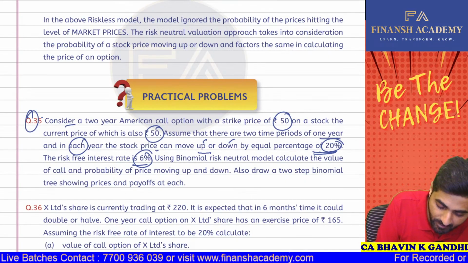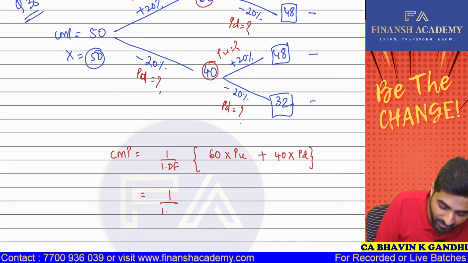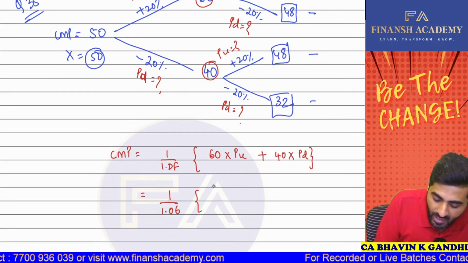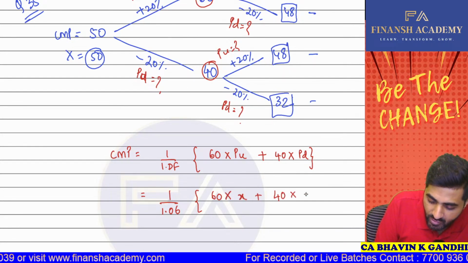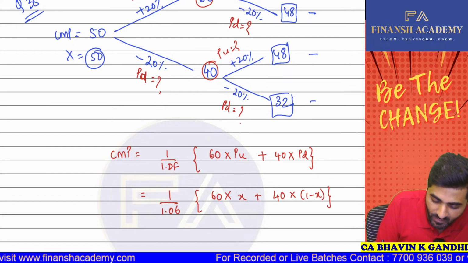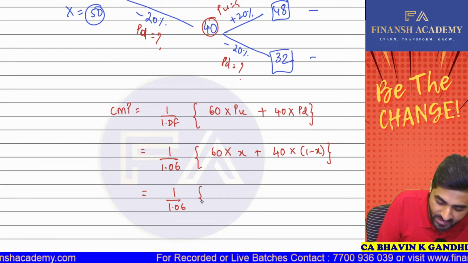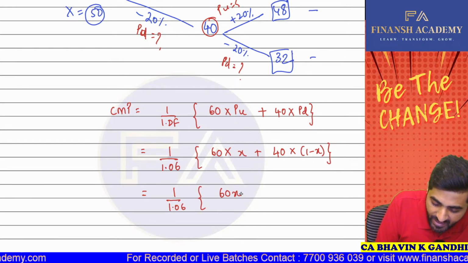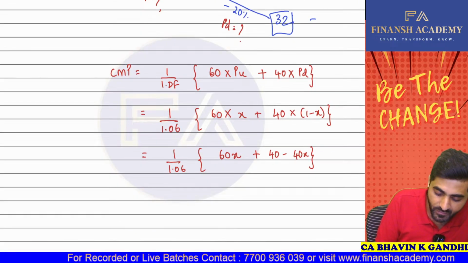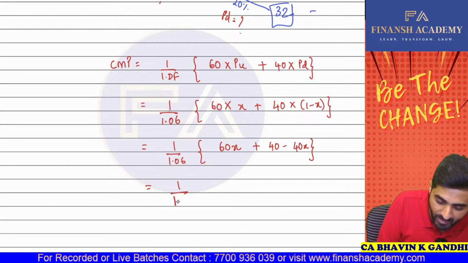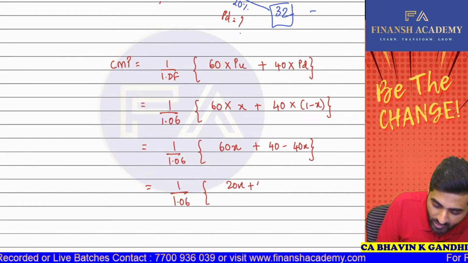My discounting factor is nothing but the risk-free interest rate, which is 6%. So this is going to be 1 divided by 1.06, and this will be 60 into x plus 40 into 1 minus x. So it will now become 1 divided by 1.06, and this will be 60x plus 40 minus 40x. Okay. Now this will be 1 divided by 1.06, so this will be 20x plus 40.